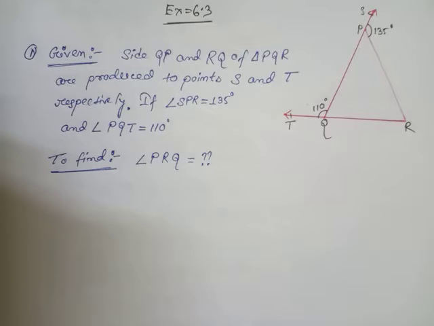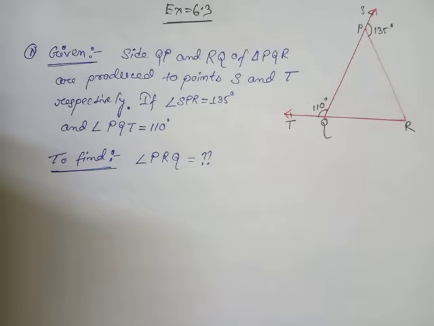Now student, as you can see in the video, the diagram of exercise 6.3 question number 1, the given part I have written from the book. Sides QP and RQ of triangle PQR are produced to points S and T respectively.